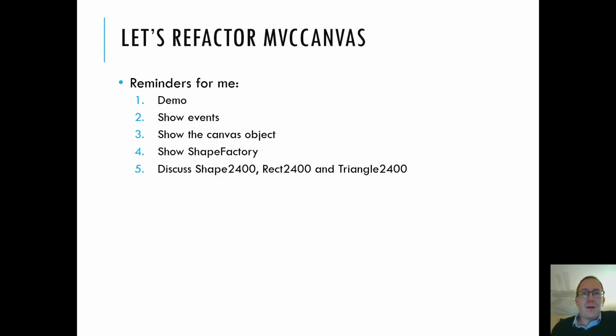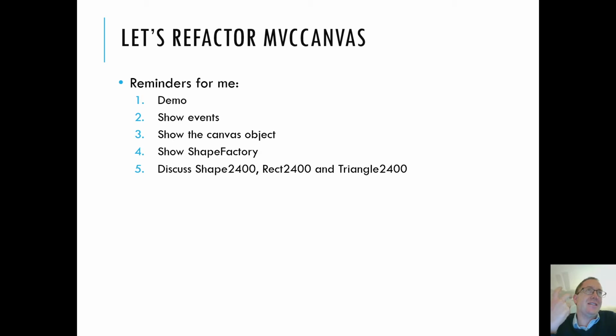Okay. So we're going to refactor MVCCANVAS. I'm going to try and do this live. So reminders for me, I want to demo it first, just show you what's going on. I want to show you how events actually work. I want to talk about the canvas object itself, which is an object that I made for this particular application to try and make it easier to get your head around things. And then I want to show you the shape factory, which deals with the canvas object.